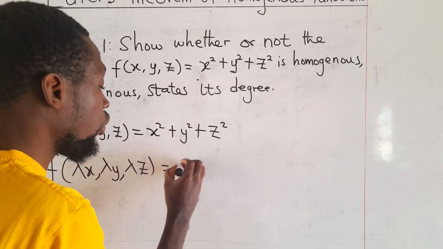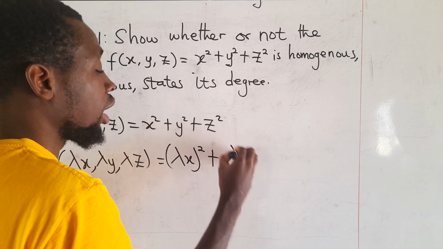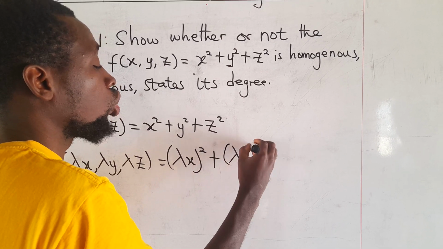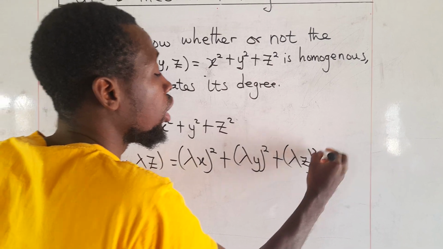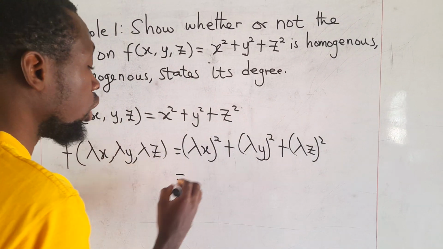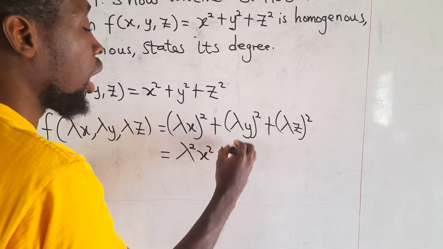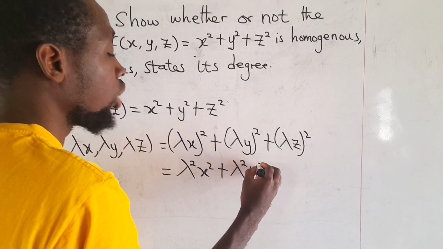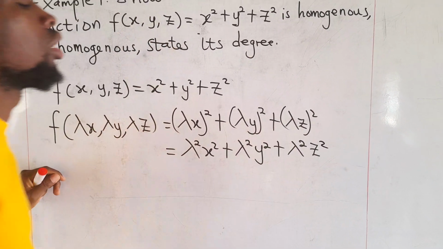So we are going to have lambda x all squared plus lambda y all squared plus lambda z all squared. When we solve this, we get lambda squared x squared plus lambda squared y squared plus lambda squared z squared.